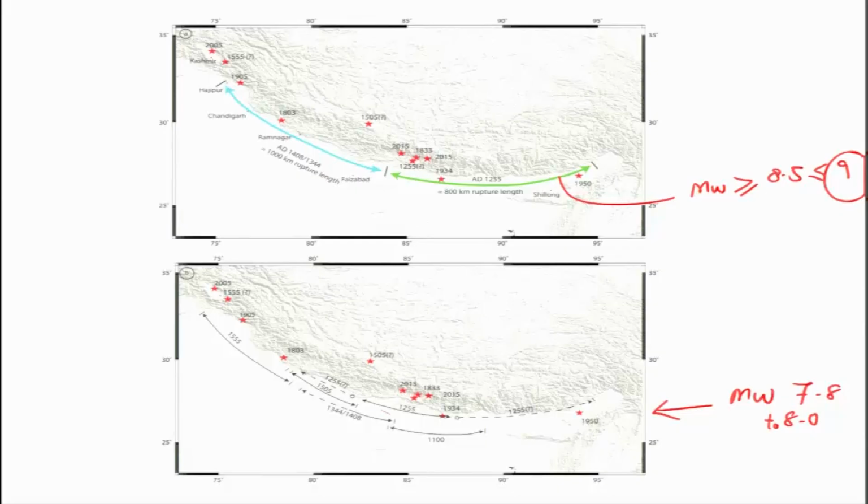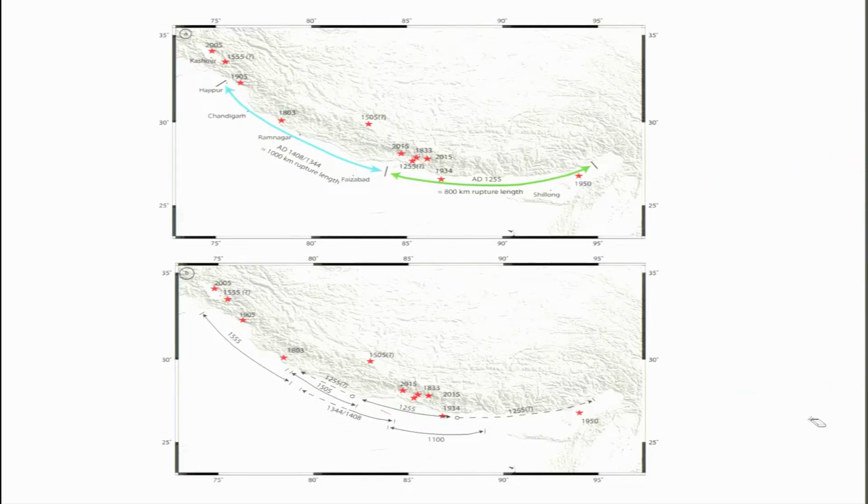Now, going back to this part, what I would like to emphasize is that if you look at the earthquakes which were triggered in the 20th century, one is this one, another is this one, and third is this one. So we have 1905, we have 1934, and we have 1950. These are the three earthquakes which we are having.